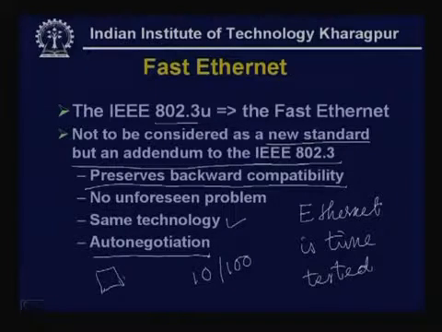A fast Ethernet switch can communicate with a computer which operates at 10, and this can be operating at 100. So, you can see this kind of incompatibility is overcome by using auto negotiation. It is also provided with multiple capabilities. It can transfer data at 10 megabits per second, and also at the rate of 100 megabits per second.